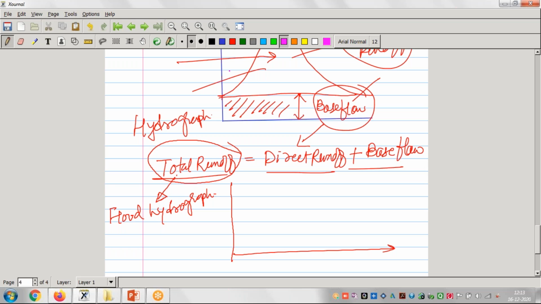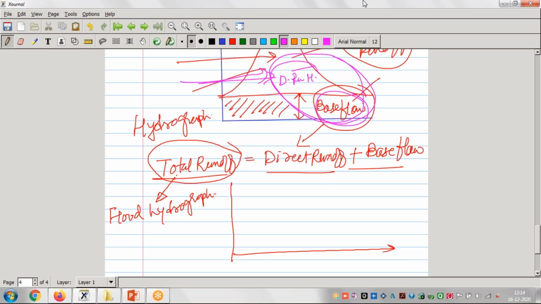This hydrograph is prepared with base flow and with direct runoff hydrograph, so we can say it represents the flood hydrograph, right?